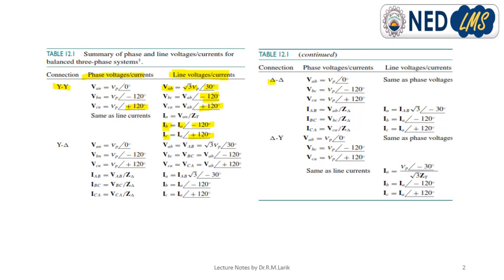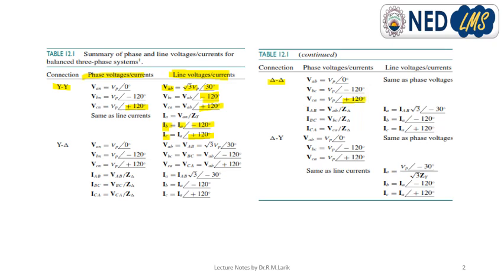Now come to the delta-delta connection. In delta, the line voltages and phase voltages are the same. So in delta-delta, the first phase is the reference, at 0 degrees. The second phase is minus 120 degrees, and the third phase with respect to the second is 120.